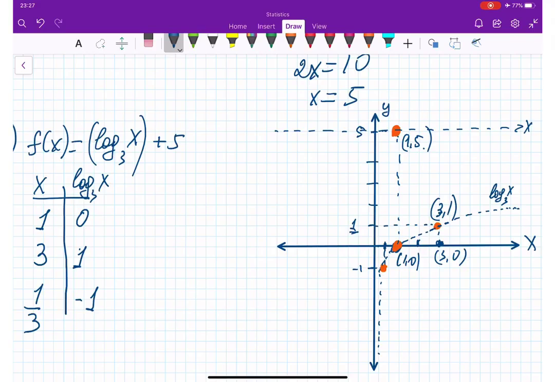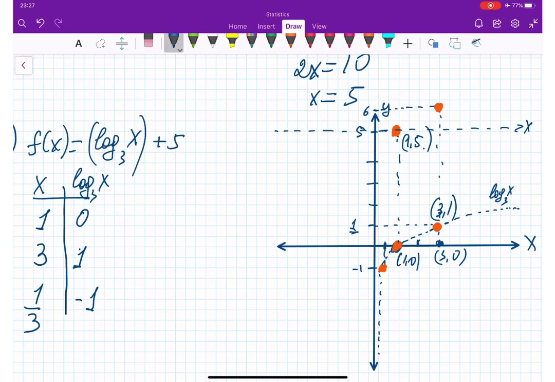So 3 and I'm moving to 6. This is 5, this will be 6. We understand, right, what I'm doing. Because I'm moving these 3 points.